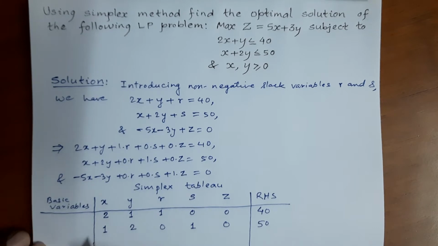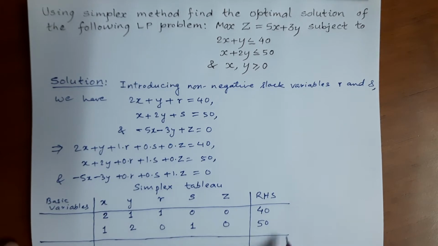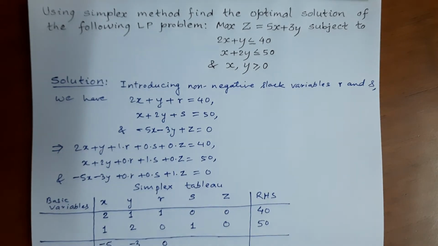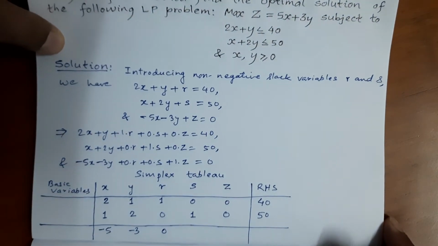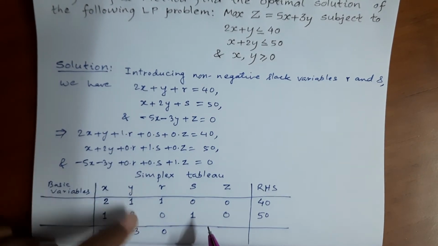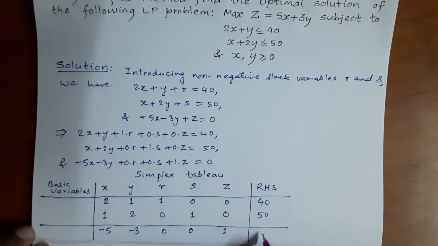And in the bottom row, coefficient of x is minus 5, coefficient of y minus 3, coefficient of r 0, coefficient of s 0, coefficient of z 1, and the constant is 0.